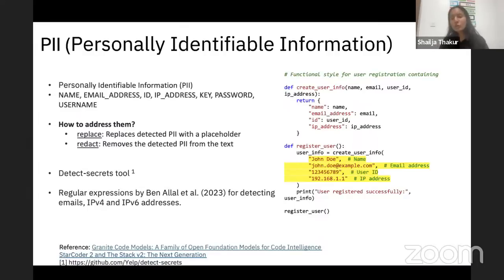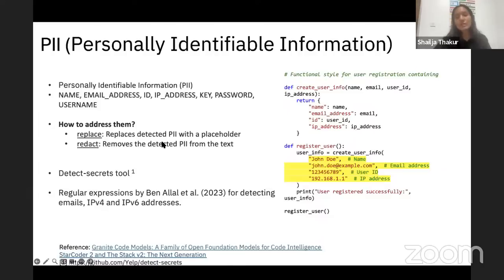With respect to the code data set, as you would imagine, this can be the names, the usernames, any email address that was left in the code, or IP address, or username, password, and so on and so forth, as you can see in this code snippet. These are not good because, as we talked about in the very beginning, models are very good at memorizing. So it is possible that the model will just memorize your password if you leave it in your code snippet and train your model on that. So you want to avoid those scenarios.